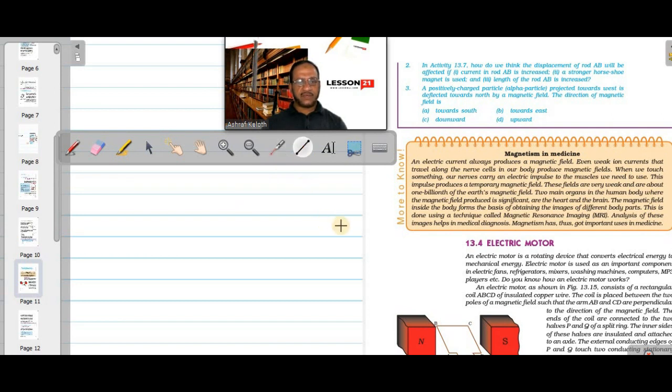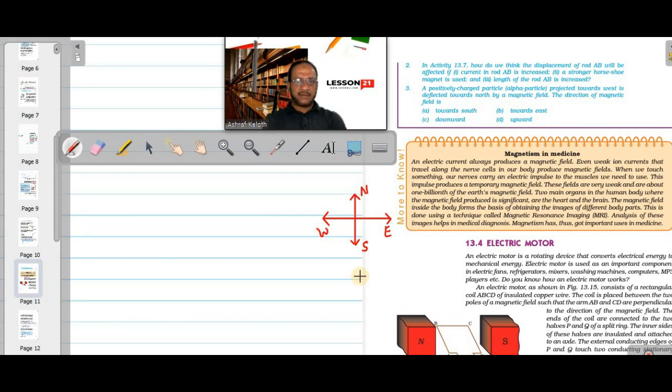While answering this question, in your notebook paper, draw the directions like this. Your front side should be north always, backward will be south, your right side should be east, and the left side should be west. Note down the directions this way.